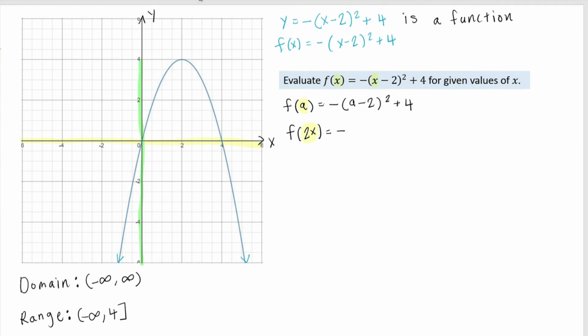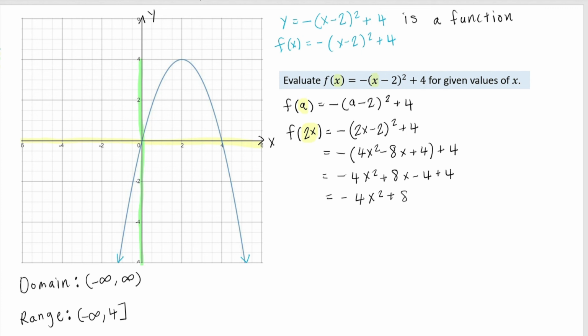So we get negative 2x minus 2 squared plus 4, which is equal to negative 4x squared minus 8x plus 4 plus 4, and negative 4x squared plus 8x minus 4 plus 4, and we get negative 4x squared plus 8x. And we can factor x out and we get negative 4x times x minus 2.